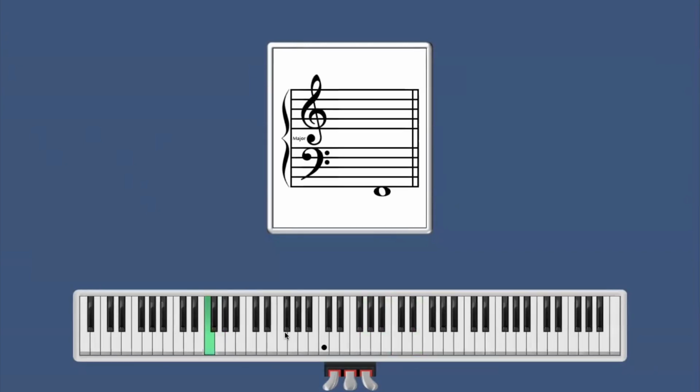Is that an F? F's right there. More than a step or skip. A. Bottom space A, right? So A skip G and we get F. Good.